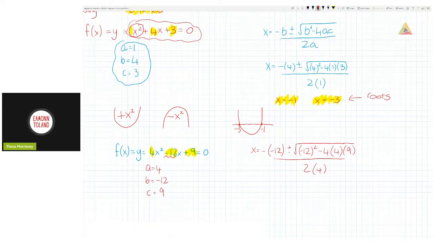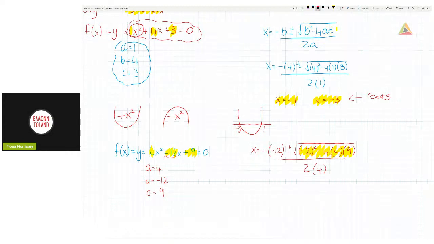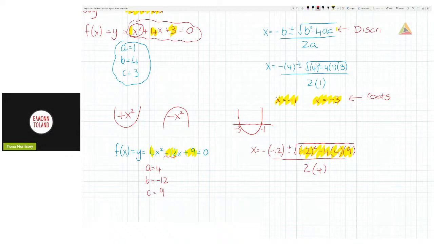Okay, this time I'm just going to draw your attention to what's underneath the square root here. Not the square root itself, but what's underneath the square root, that's where our b squared minus 4ac came from. Our b squared minus 4ac has an important name. It's called our discriminant, and that discriminant is very significant when we look at the roots of a quadratic.